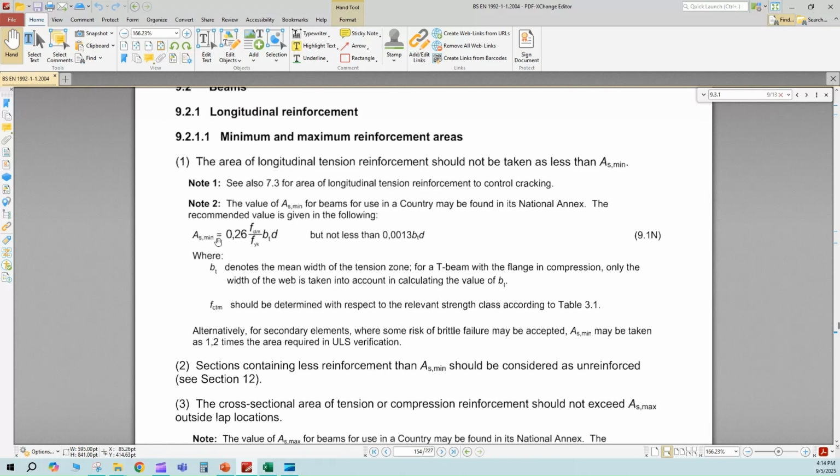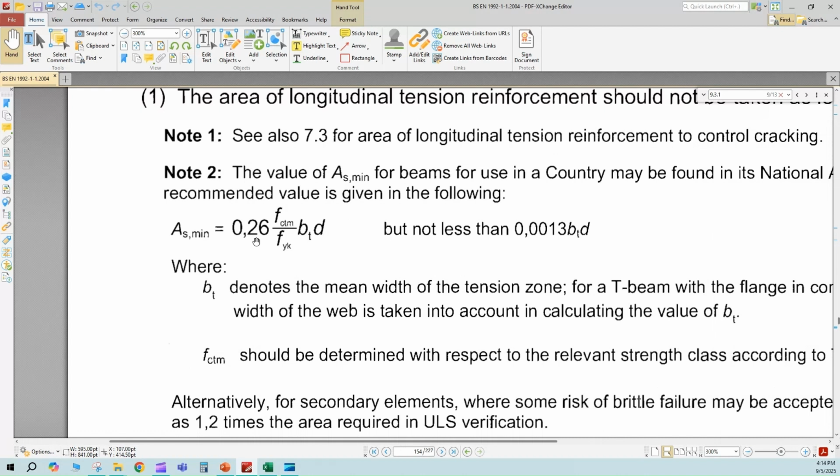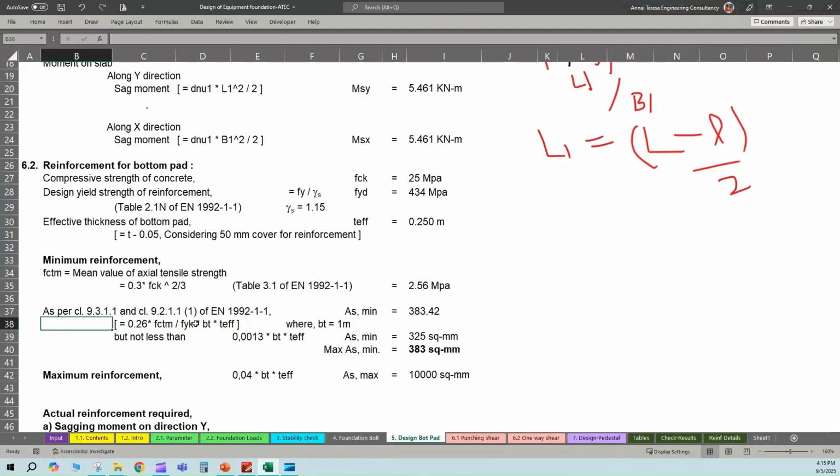9.2.1.1 shows As,min as 0.26 fctm divided by fyk, times b t d. Here b t we consider as 1 meter of the bottom pad slab, and d is the effective depth or effective thickness of the slab, which is 250 mm, and this should not be less than 0.0013 b t d. This is what we have mentioned in our equation.